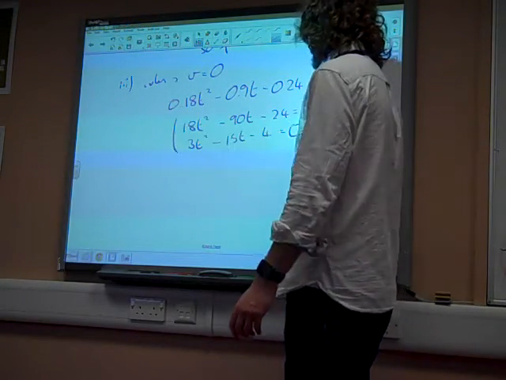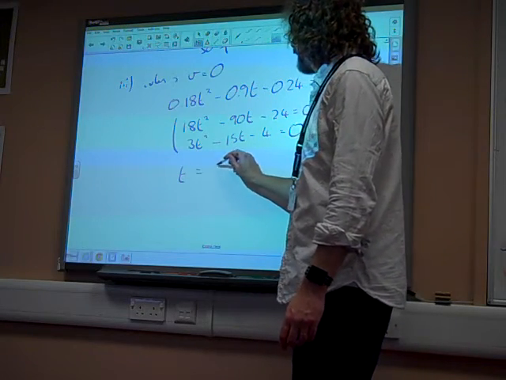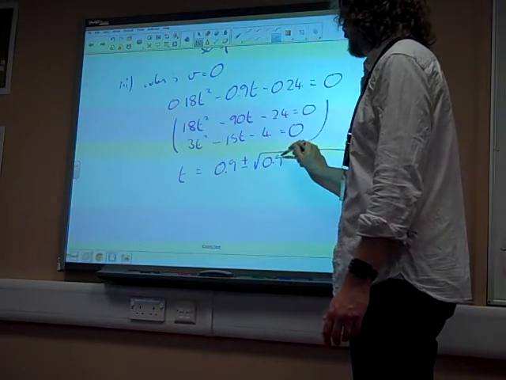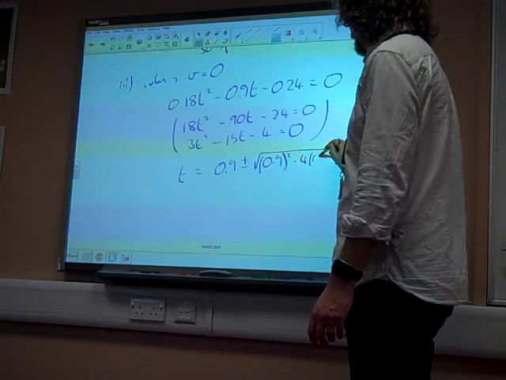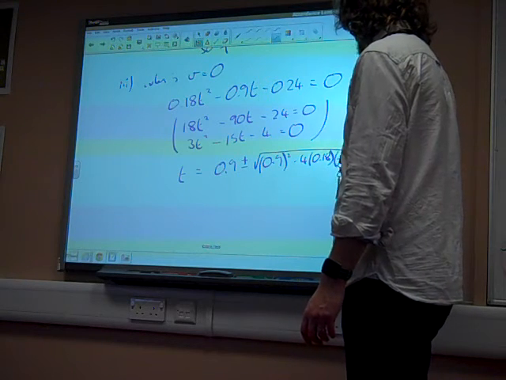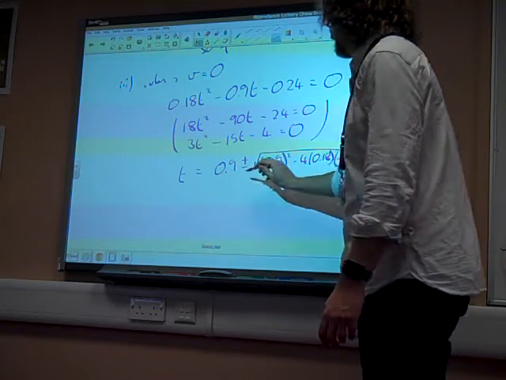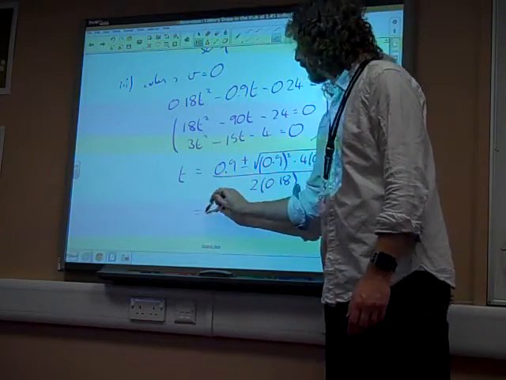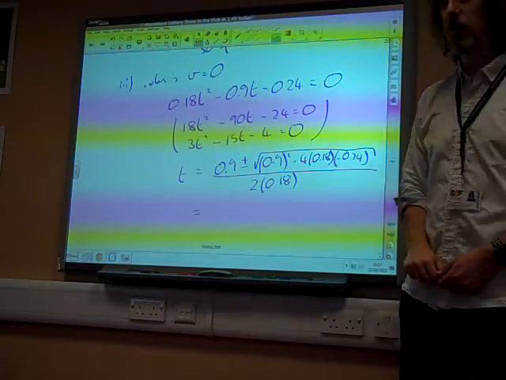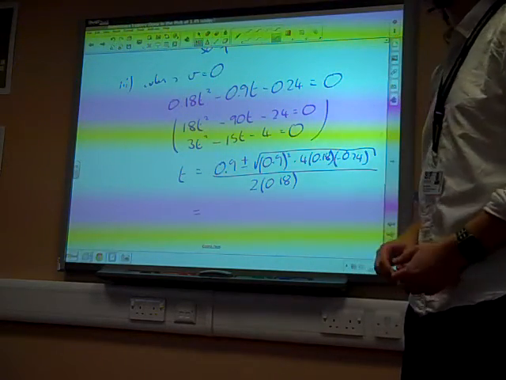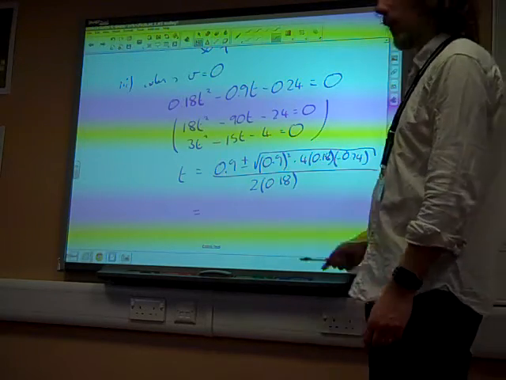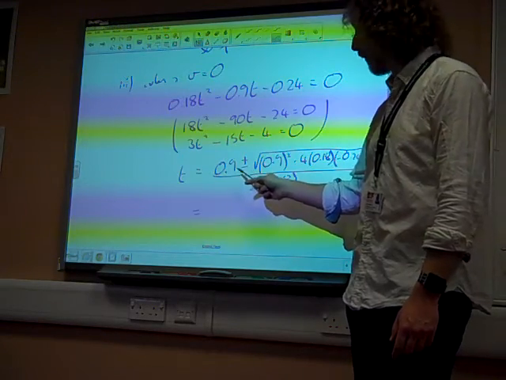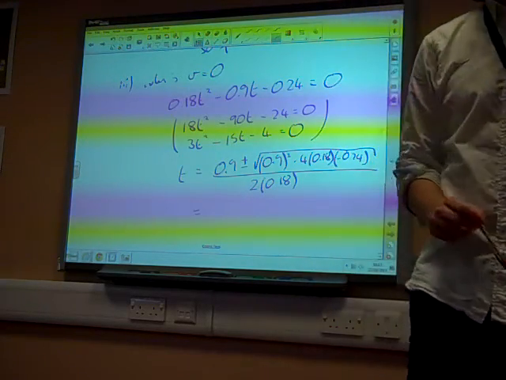So if we forget about all that little bit of work that we did, t is minus b plus or minus the square root of b squared minus 4ac, all divided by 2a, which is a horrible thing that we've got there. The question did say find the positive value of t. Now looking at what we've got here, the positive value has to come from the plus of the plus or minus, because the minus would take us in the wrong direction.